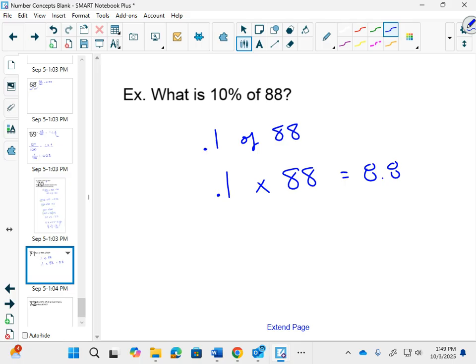Okay. 10% is 1/10. If multiplying by 10 moves your decimal place to the right, dividing by 10 moves your decimal place to the left. Oh, some cool stuff.